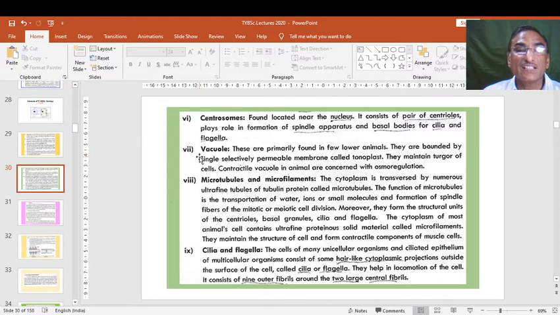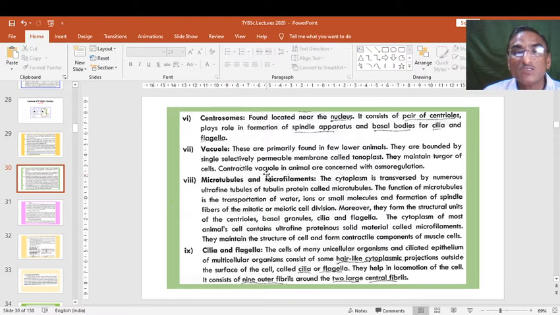The seventh cell organelle is vacuoles. These are primarily found in a few lower animals. They are bounded by a single selectively permeable membrane called tonoplast. They maintain turgor of cells.